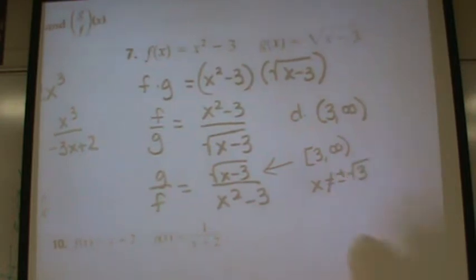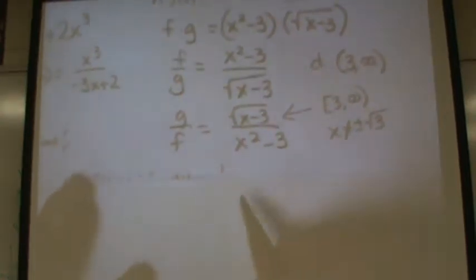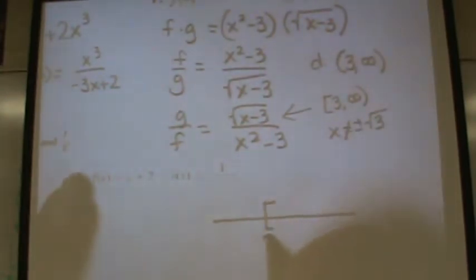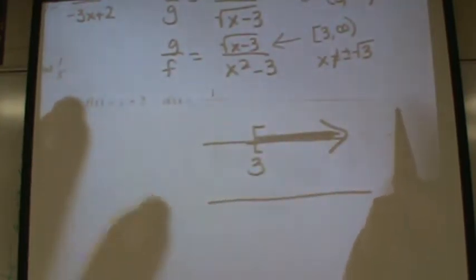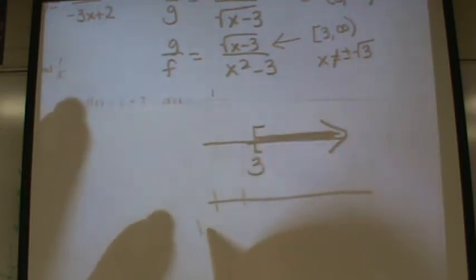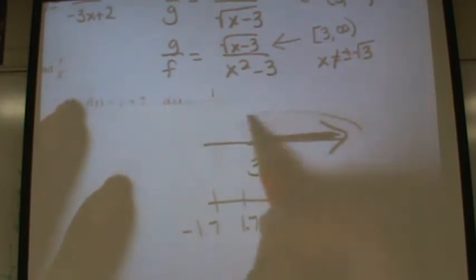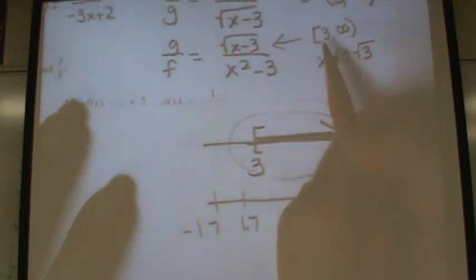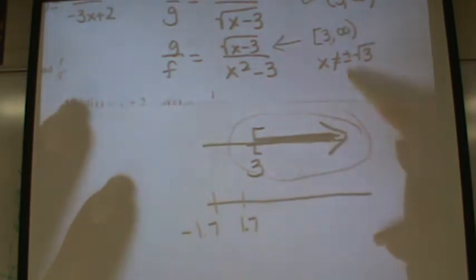If you look at both of these in the numerator, your domain is all numbers from 3 to infinity. And then for the bottom, x can't be 1.7 or -1.7. Well, both of those numbers are before the 3. So this is what your domain is going to be. It's going to be from 3 to infinity. Because these two numbers are not in this region, and it has to be the intersection of both of those.